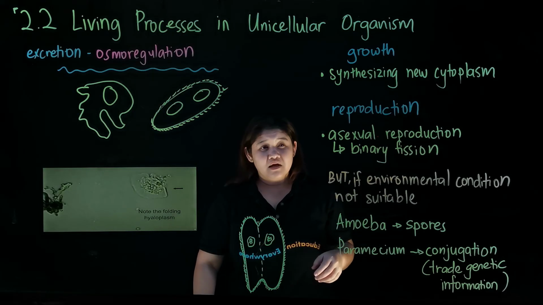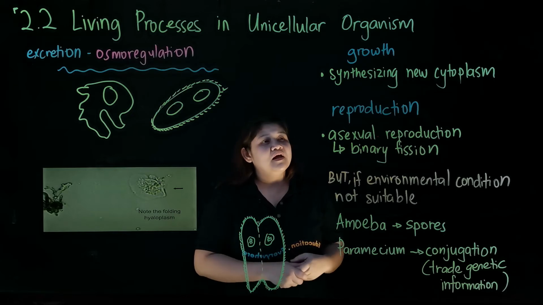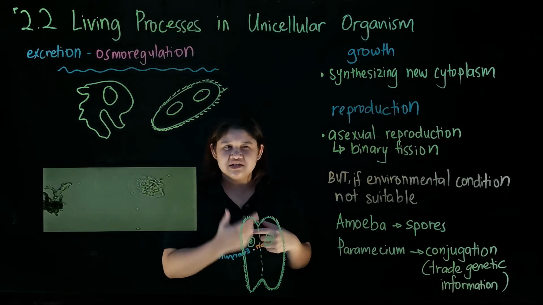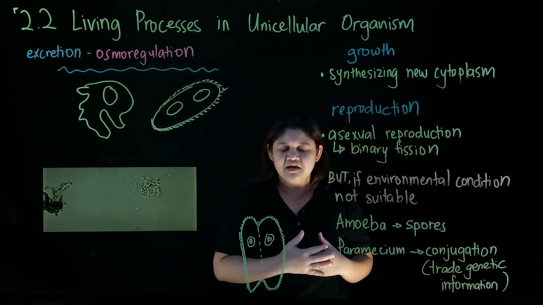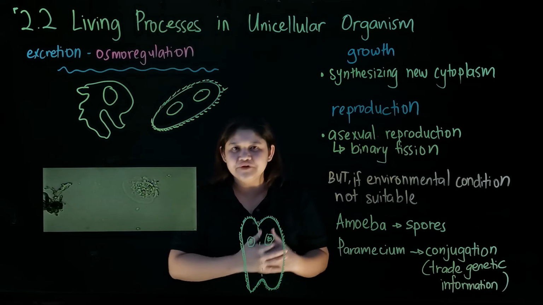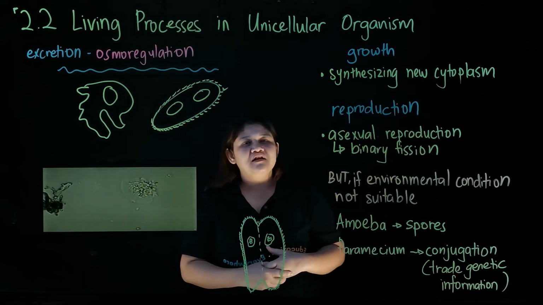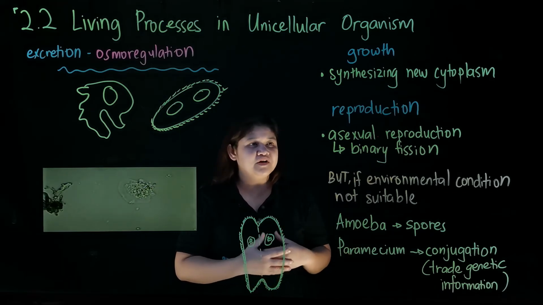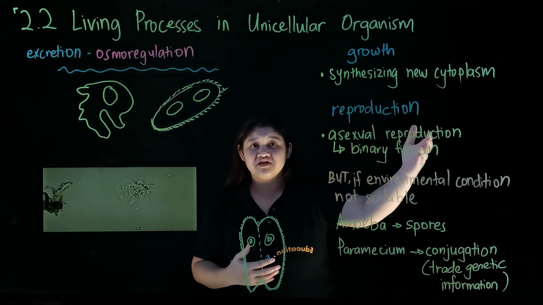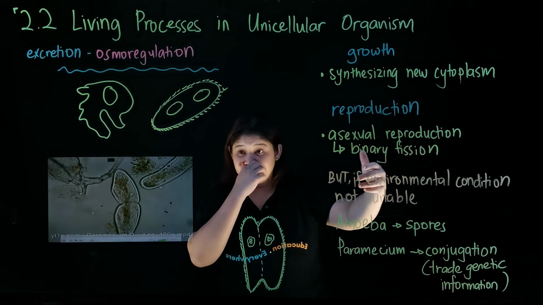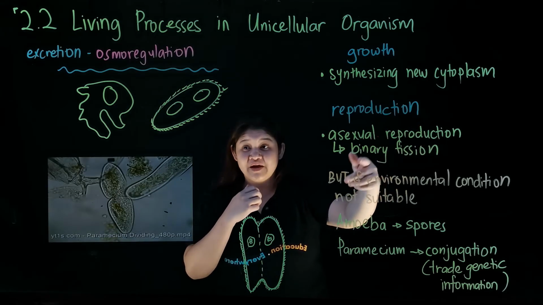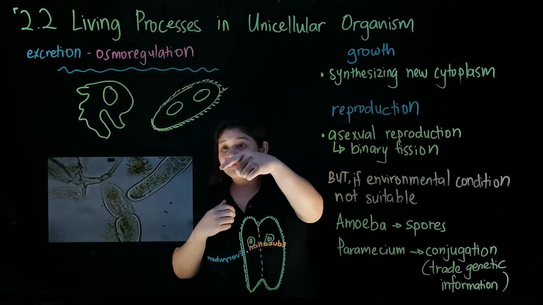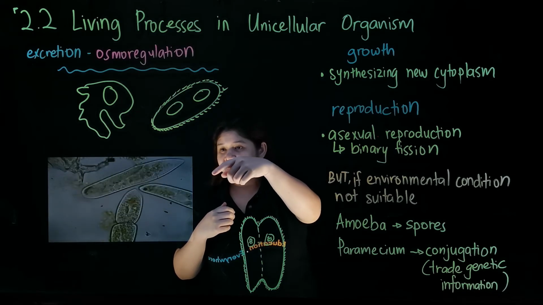So, reproduction. Now, if the condition is right, the environmental factors are good, and food is enough, these two organisms will reproduce by asexual reproduction, and specifically what we call binary fission. You can see in the video below, those are the paramecium.